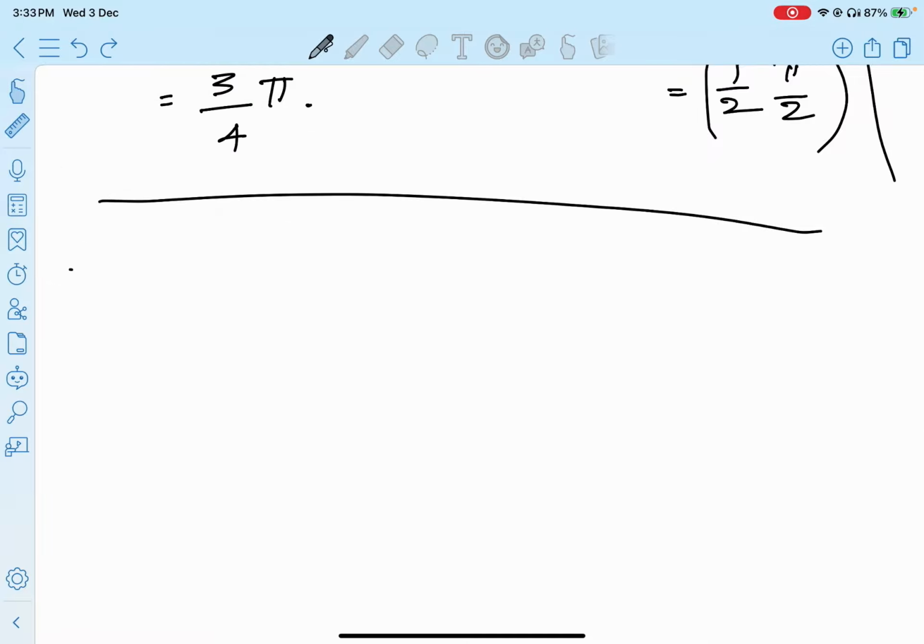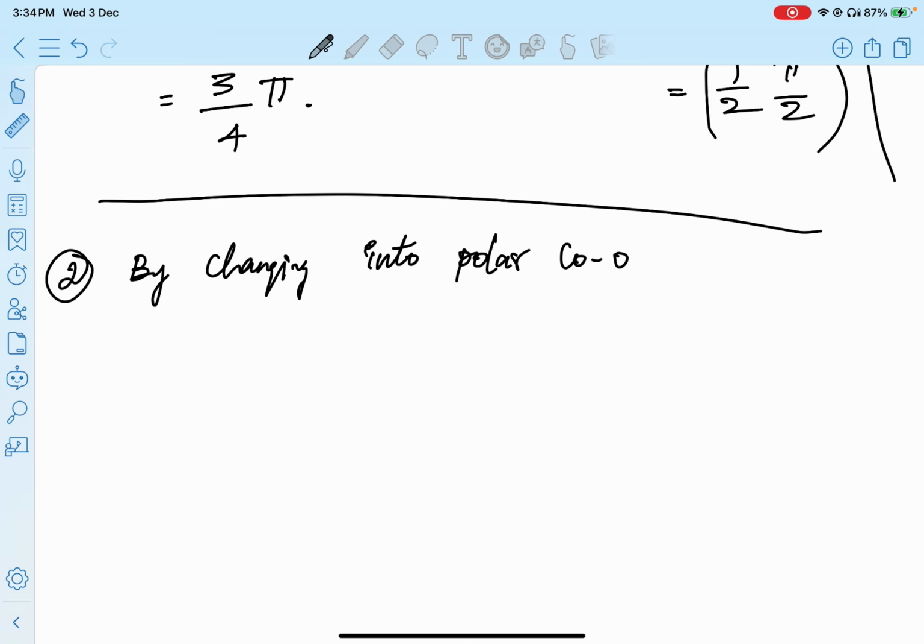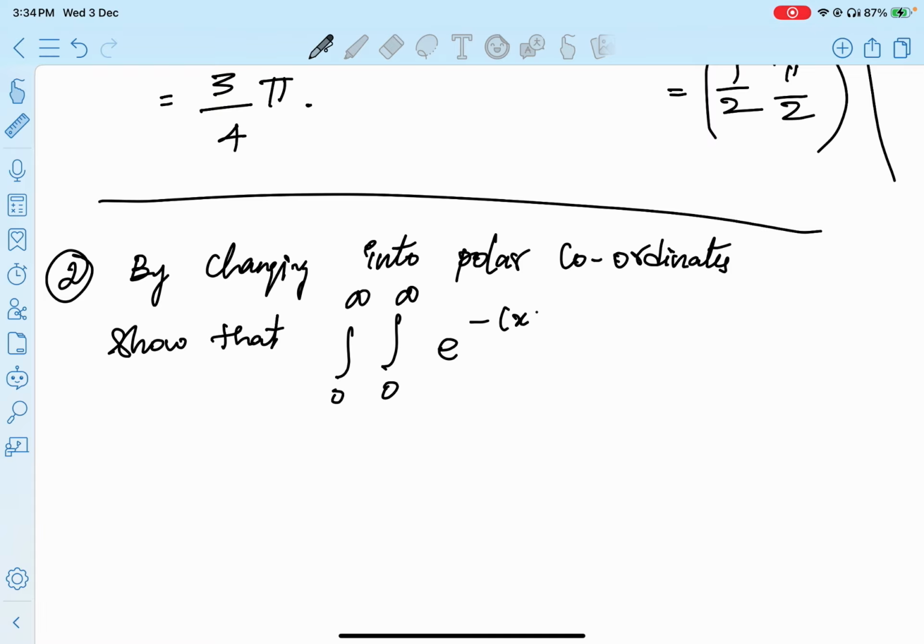So now let us see one more problem similar to this. By changing into polar coordinates, show that the integral from 0 to infinity of e power minus of x square plus y square into dx dy equals pi by 4.